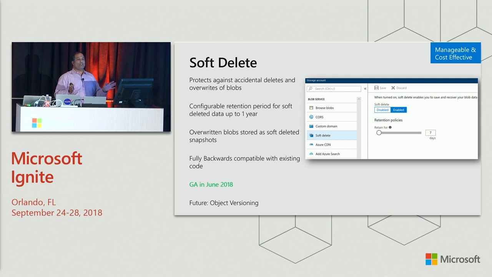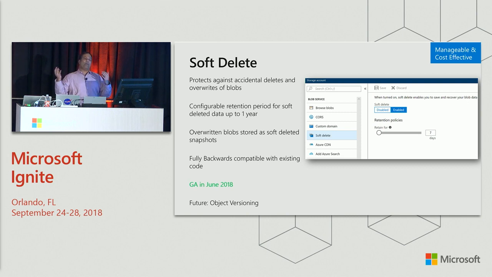You have to make no changes to your blob storage code. So if many of you said you're using blob storage, you can turn this on. It's 100% backwards compatible and doesn't change your code. It just starts logging and saving those blob deletes and blob overwrites. We will build this into the next feature that's coming soon, which is object versioning. This doesn't give you version IDs on those versions that we save.